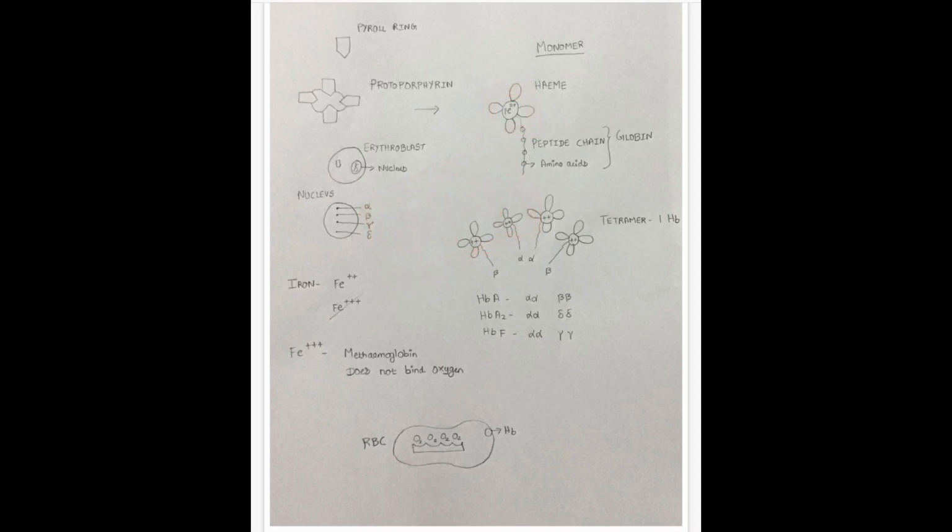Not in all hemoglobins does the iron stay in the ferrous state. There are some hemoglobins where the iron stays in the ferric state, and that hemoglobin is known as methemoglobin, and this methemoglobin cannot bind oxygen.